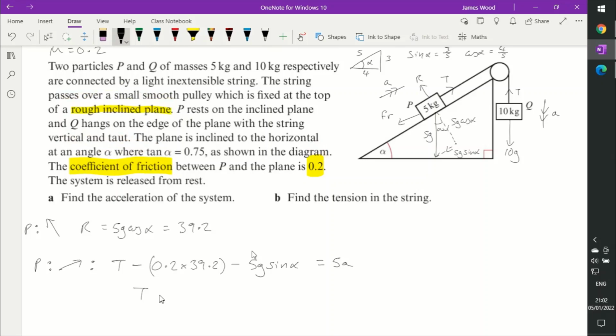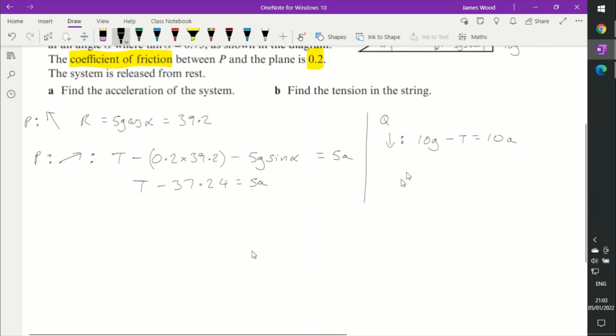So you can actually rewrite this as T minus 37.24 equals 5a. It's a bit simpler. Let's do the same sort of thing for object Q. For Q, we're just going to resolve downwards. So we've got 10g minus T equals 10a.